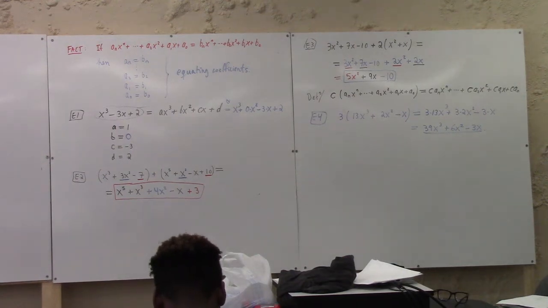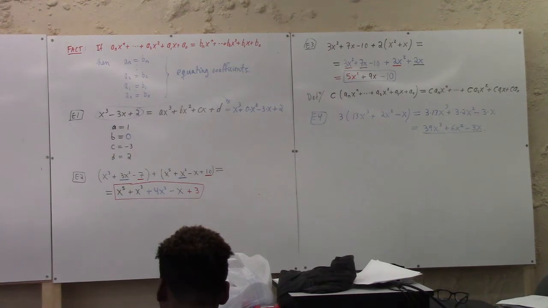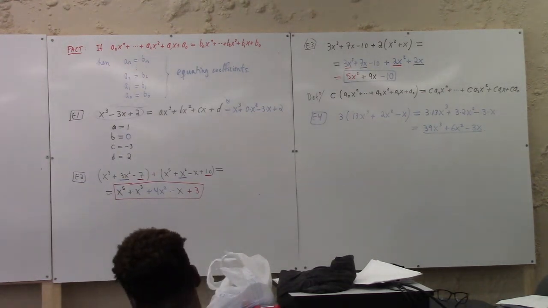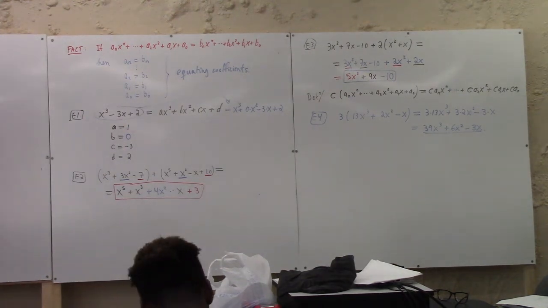Now, I should mention, there's another key property, right? Which is the laws of exponents, namely that if we have x to the m times x to the n, what do we get? How does that work? We get x to the m plus n, right? We add exponents. So that's also a key property here in this story of multiplication.